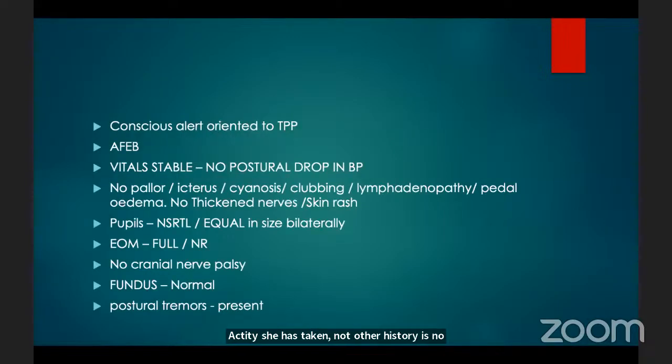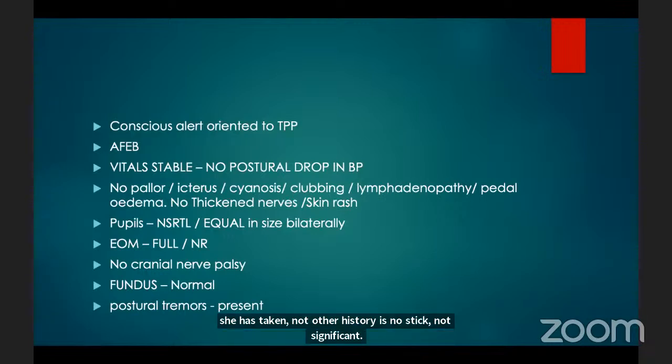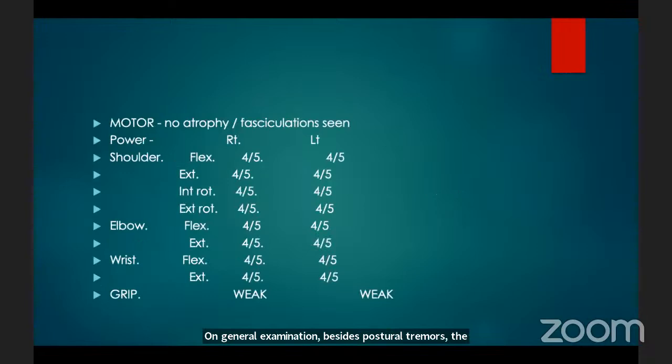On general examination, besides postural tremors, the rest of the general examination is normal. In the motor examination, proximally the power is 4/5 in the upper limb, but distally the grip is weak and distal power is much affected.